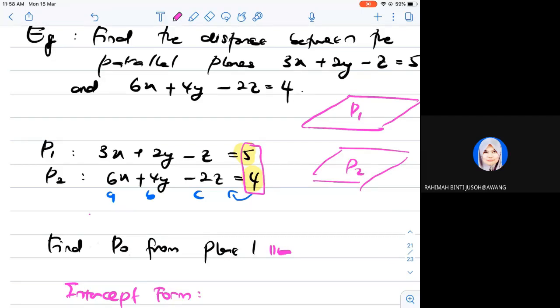Yang menentukan parallel dia tadi kita kan belajar N1 mestilah equals to K N2. Dia mesti normal vector. Nilai kat belakang ni nilai D, itu tak termasuk dalam kita punya formula N tu. So untuk tahu nilai N nak parallel tu dia mesti 3 parallel dengan 6, 2 parallel dengan 4, 1 dengan negatif 2 ni. Itu masuk parallel. Ini 5 dengan 4 ni tak kisah apa-apa nilai sebab dia bukan tergolong dalam normal vector.